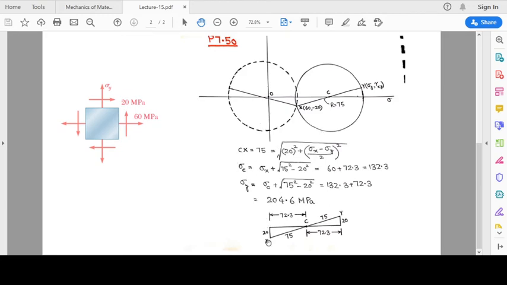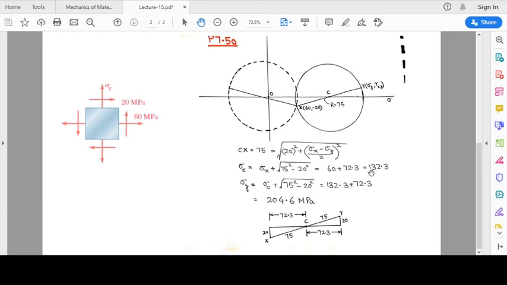So we can look at this triangle. This distance is 72.3, and similarly the horizontal distance between point C and point Y is also 72.3. The normal stress at point x is 60, so the horizontal distance between the origin O and x is 60. So 60 plus 72.3 comes out to be 132.3.